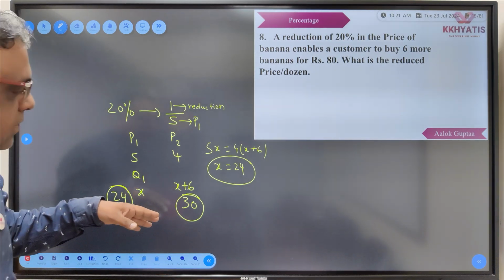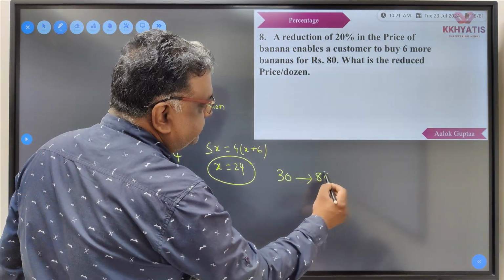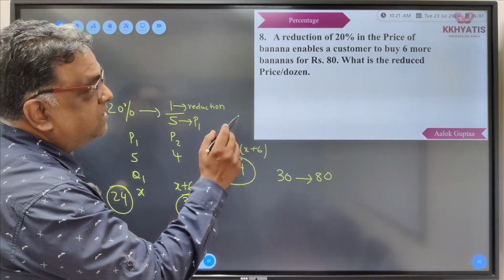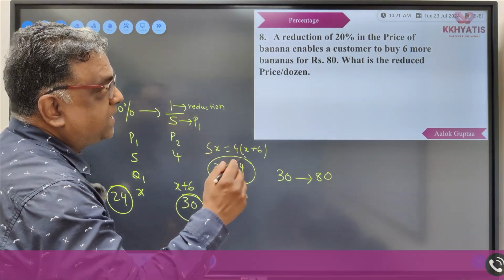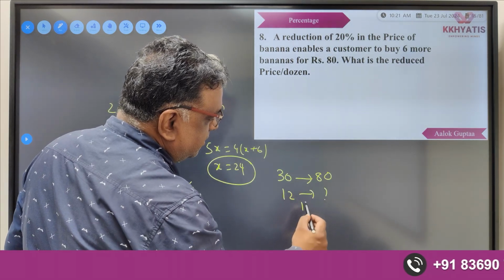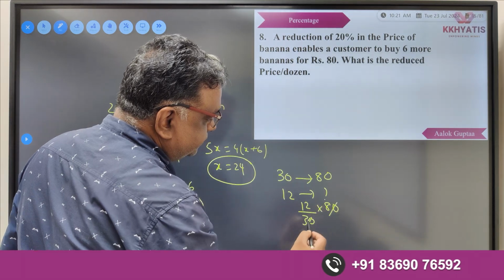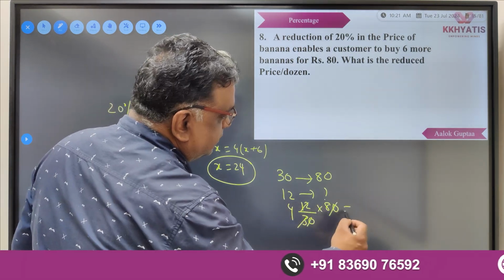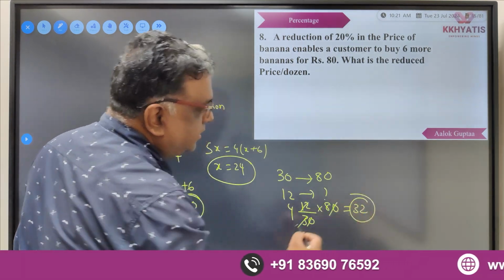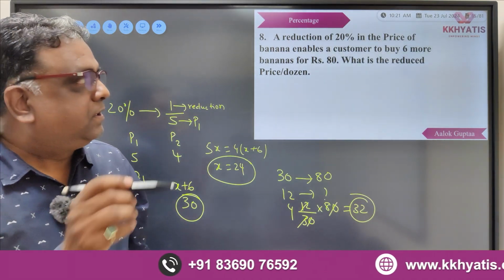So 30 he is able to buy for how much? 80. Right? I've been asked what is the reduced price per dozen, which means I've been asked the price of 12. So 12 upon 30 into 80. So the reduced price per dozen is 32.